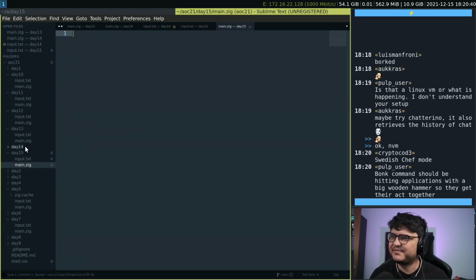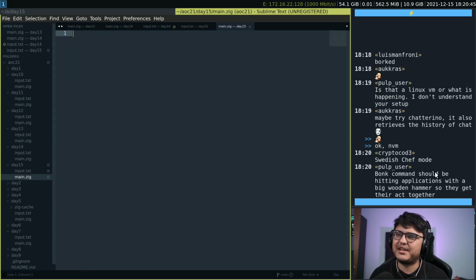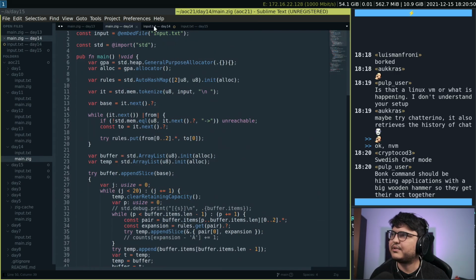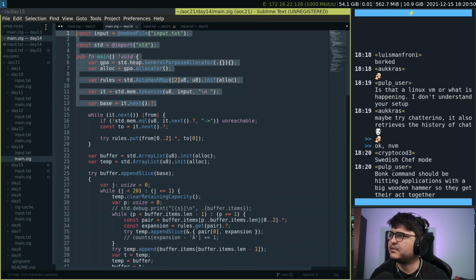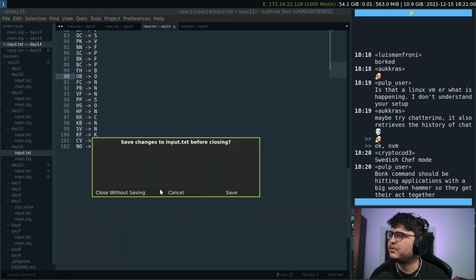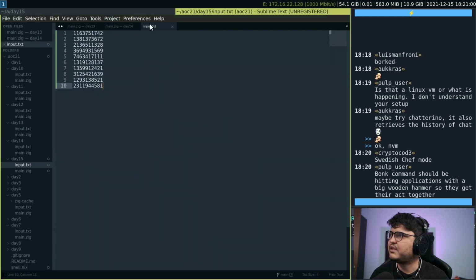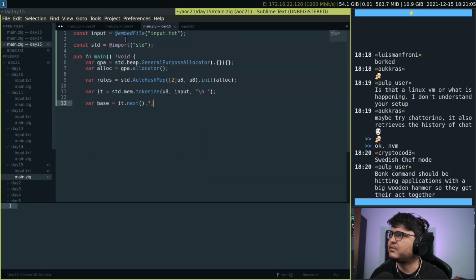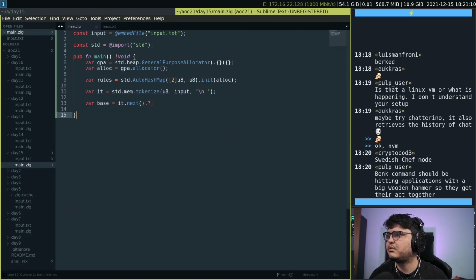So let's see. Bonk command should be hitting applications with a big wooden hammer so they get it together. Yeah. Okay, so let's see. I think we can do this as a starting point. Close without saving. That's our input. That's our main. Okay.